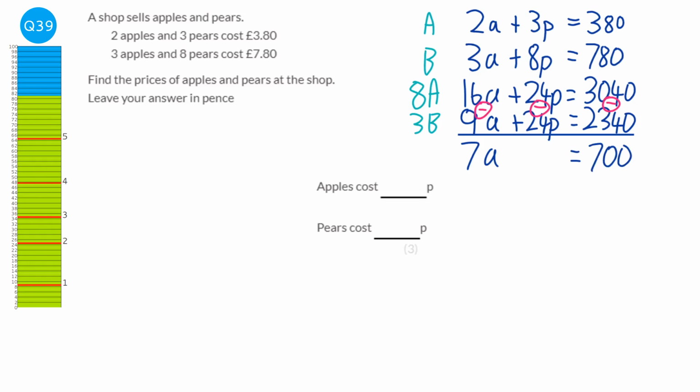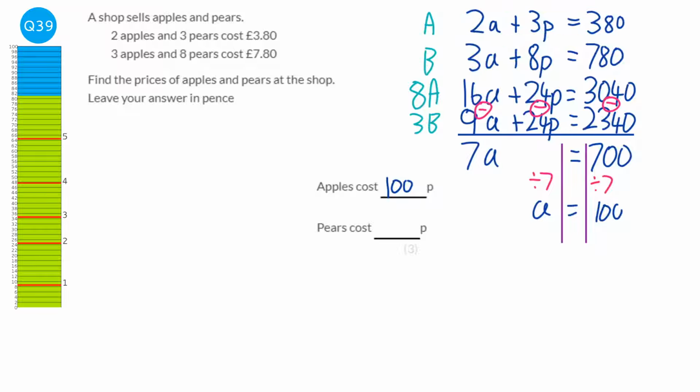Then I can put my lines in, and all I need to do now is just divide both sides by 7, and I get a equals 100. So we know that apples cost 100, or £1. We need to work out what pears cost. So I just need to pick one of the equations. I'm just going to pick this top one here, and I'm going to write it out.